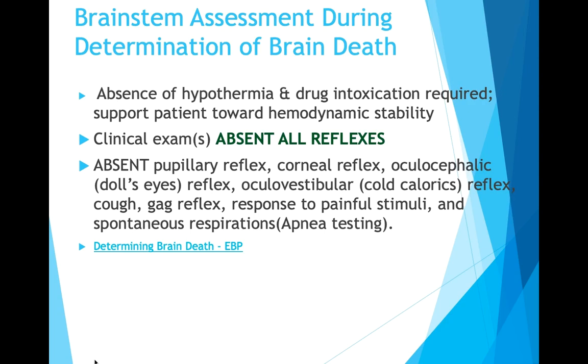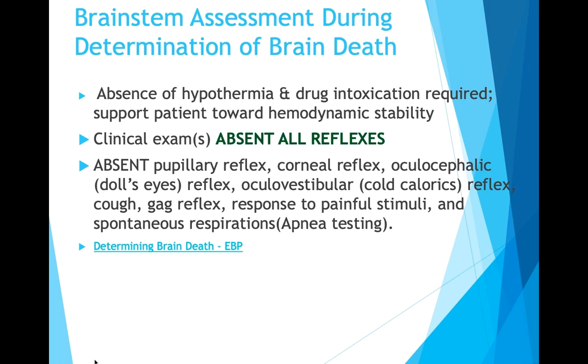Your clinical exam, you're looking at the patient's reflexes. And to determine brain death by neurologic criteria, the patient would be absent of all of their reflexes. So the reflexes such as pupillary reflex, are their pupils able to dilate and constrict? The corneal reflex, the oculocephalic, we talked about that in the traumatic brain injury module.